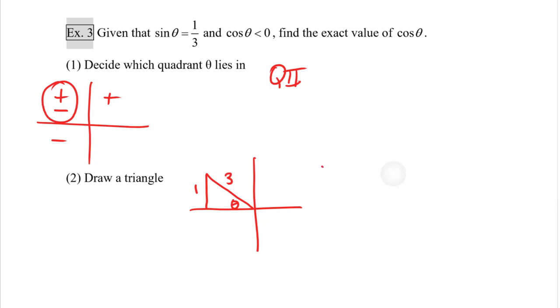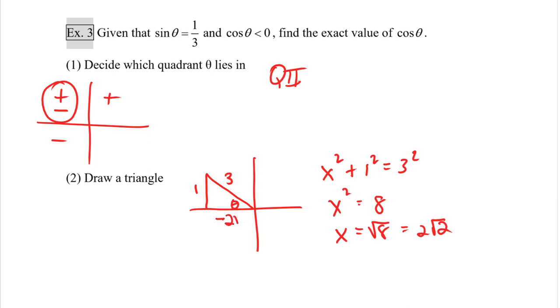So we know that x squared plus 1 squared is equal to 3 squared, which means x squared is equal to 9 minus 1, or 8, which means x is the square root of 8, or 2 root 2. Keep in mind, though, that we are on the negative side, so this has to be negative 2 root 2. So the exact value of the cosine of theta is going to be negative 2 root 2 over 3.